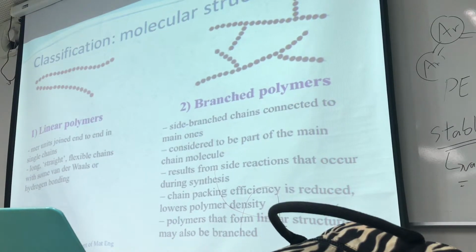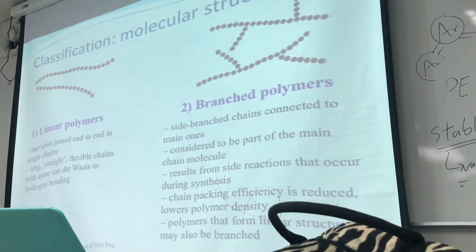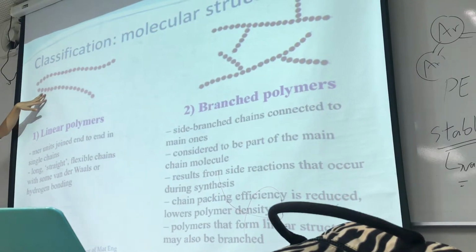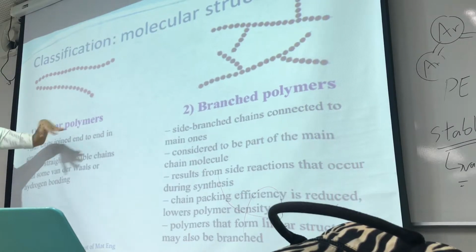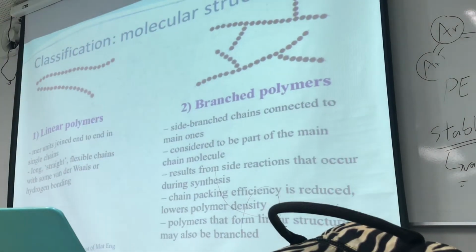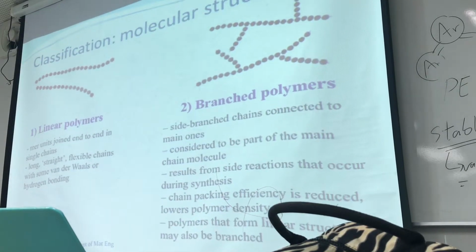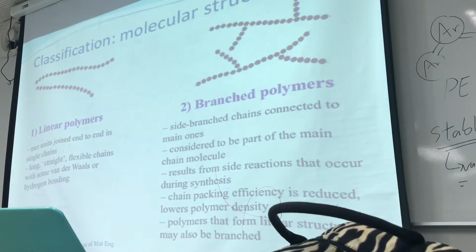Okay, molecular structure. Look here. A polymer can be linear, and in this case, it can be branched. Think: if everything else is the same, linear polymer and branched polymer, which one would have higher density?